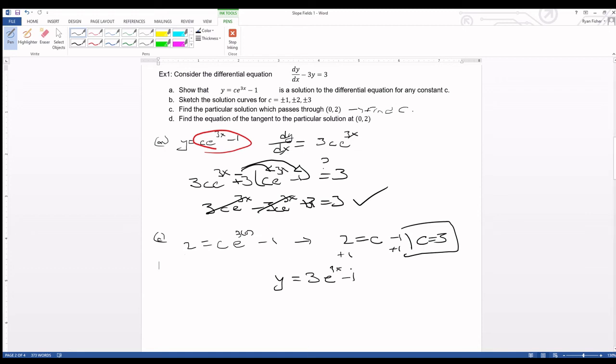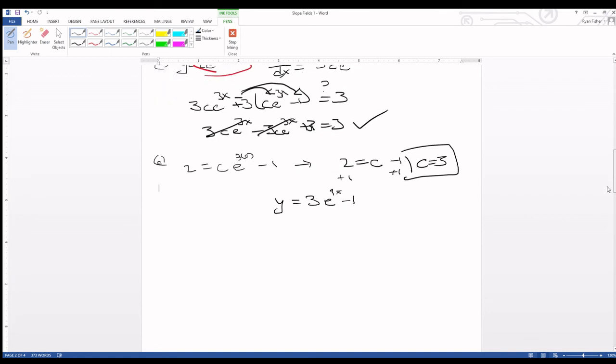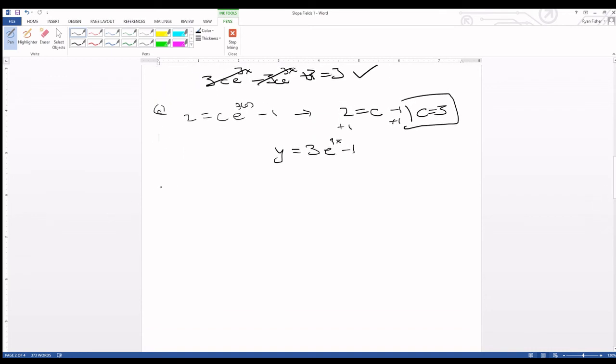So I need to find the equation of the line tangent to this curve that passes through the point (0, 2). The slope of a tangent line is the derivative, so I need to find the derivative of this function at (0, 2), find its value, and that will be the slope.